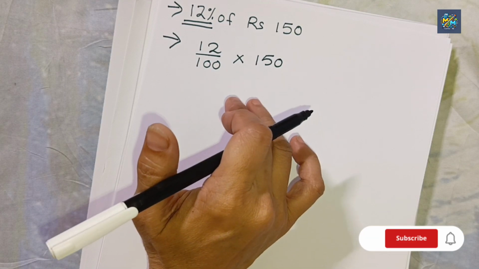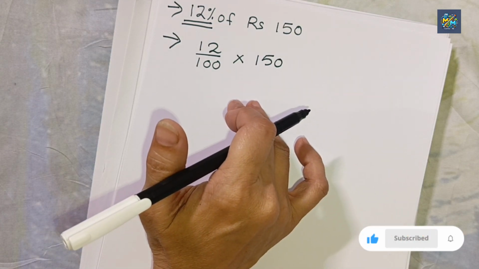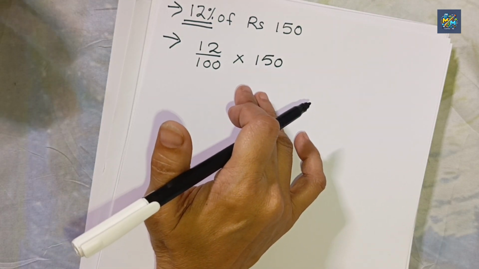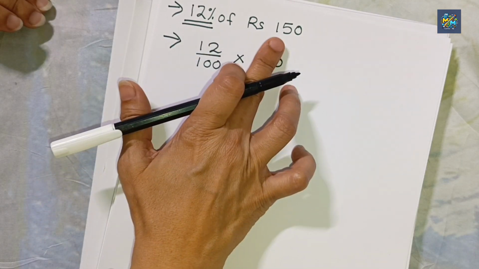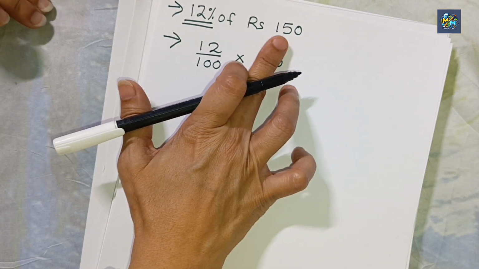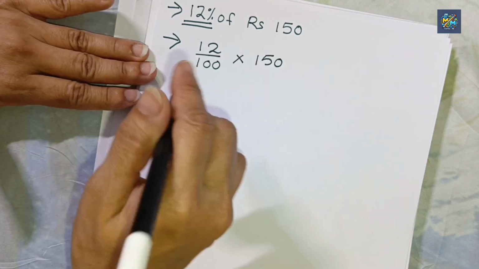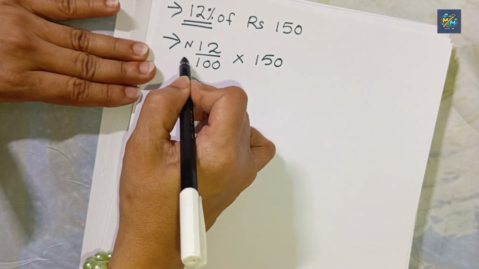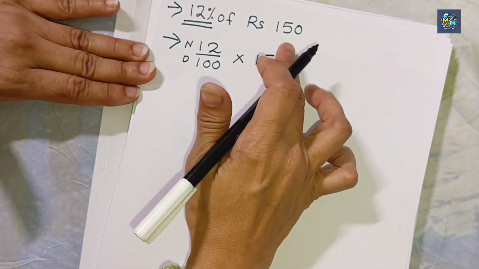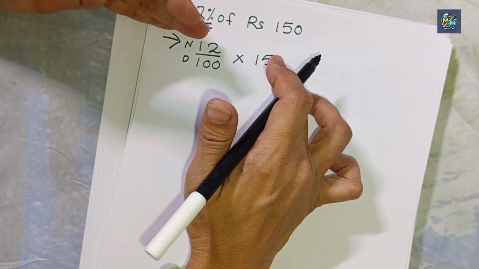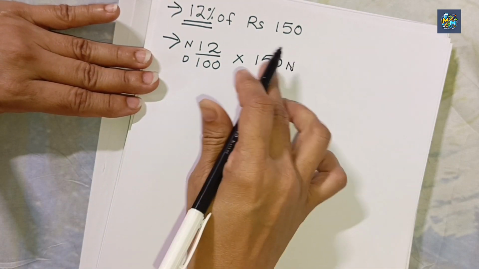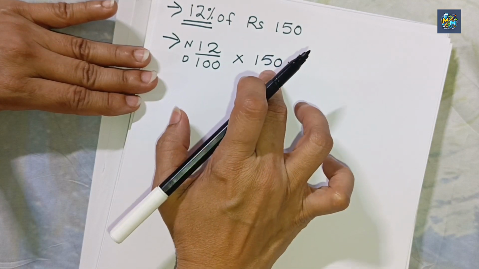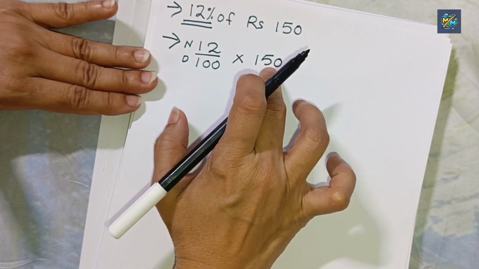Now I have to solve this and reduce it to a point where I can know what 12% of rupees 150 is. See, this is a numerator, this is a denominator. The number on the above side is always considered a numerator. So I'm going to consider this number also as a numerator.